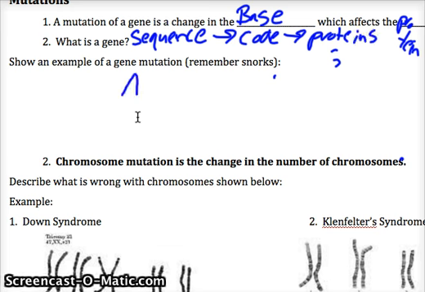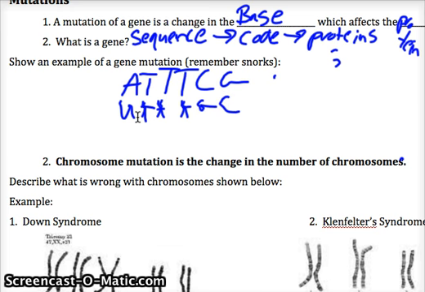So an example of a gene mutation would be like ATTTTCG, and that normally codes for UAAAGC. And then I'm not going to bring out the codon chart, but let's just say that's Leu and that's Ala, 2 amino acids.